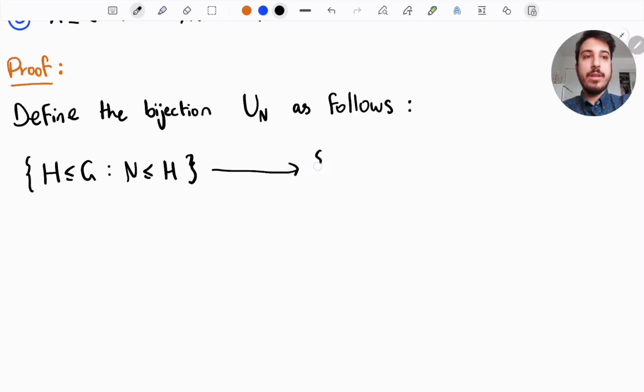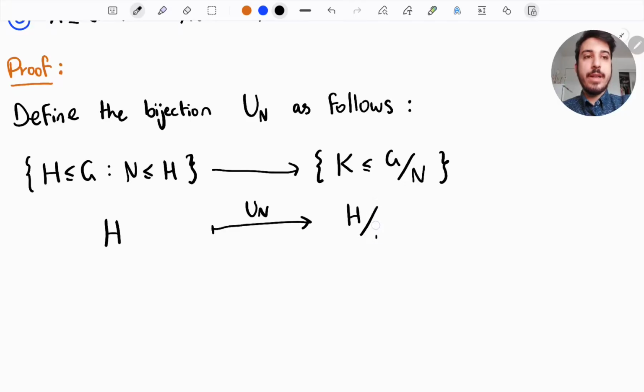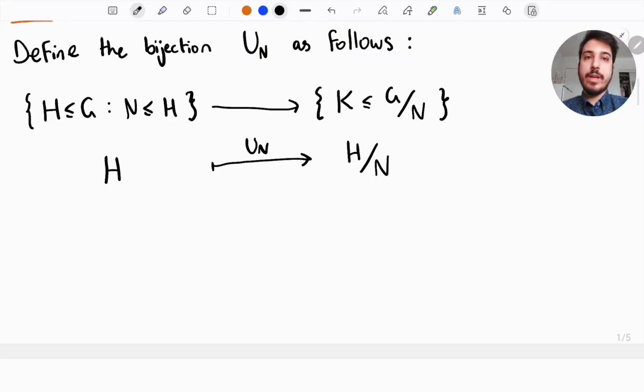The codomain are all the subgroups of G/N. And the map is defined to be taking H, if you apply U_N, it will give you H/N. That is the definition of the map we have provided.